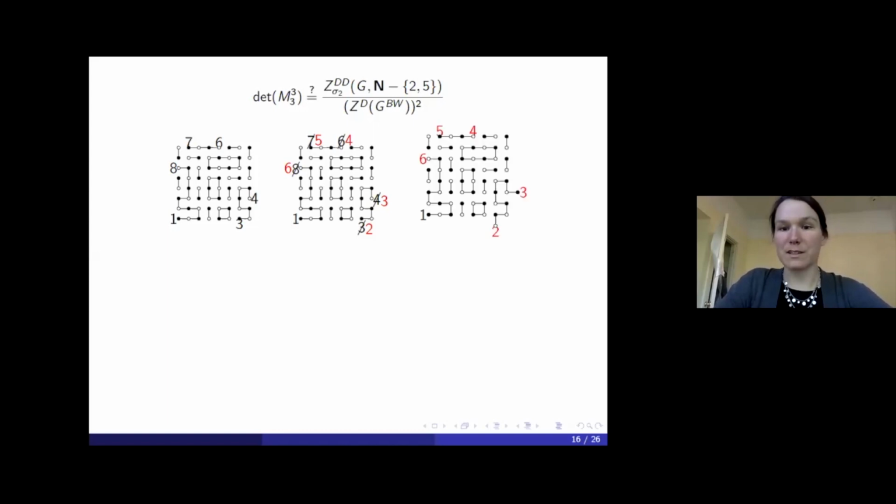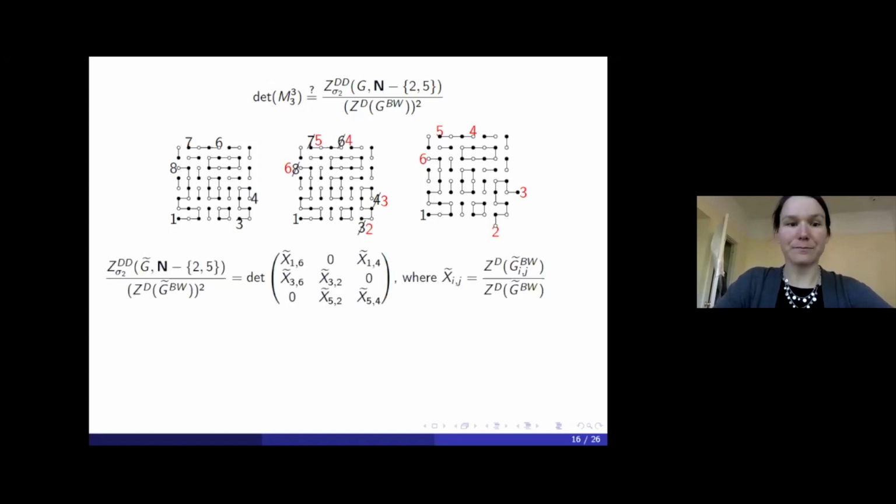We might hope to fix that by adding dangling edges of weight 1, because double dimer configurations on this graph should be in bijection with double dimer configurations on this graph. And now we've fixed the issue that our nodes weren't black and odd or white and even.